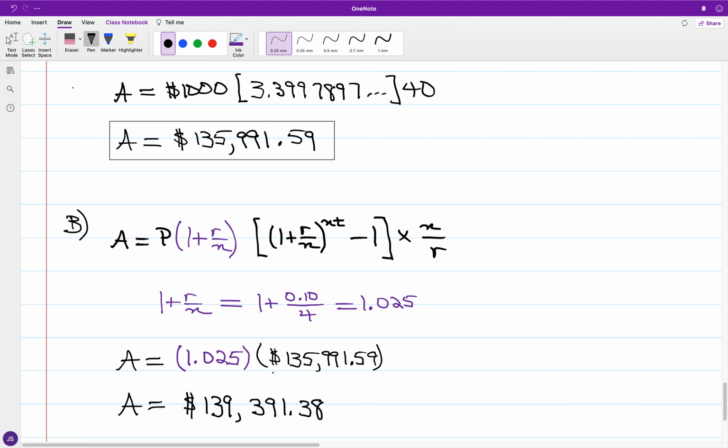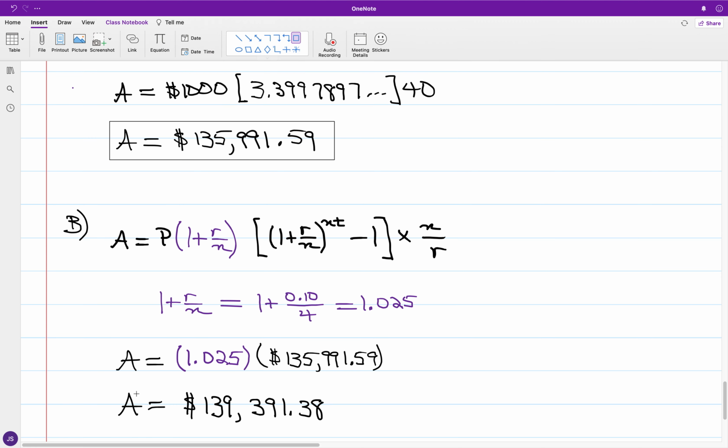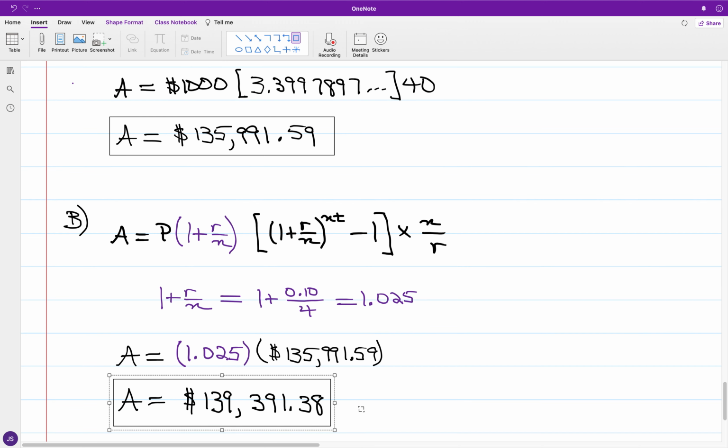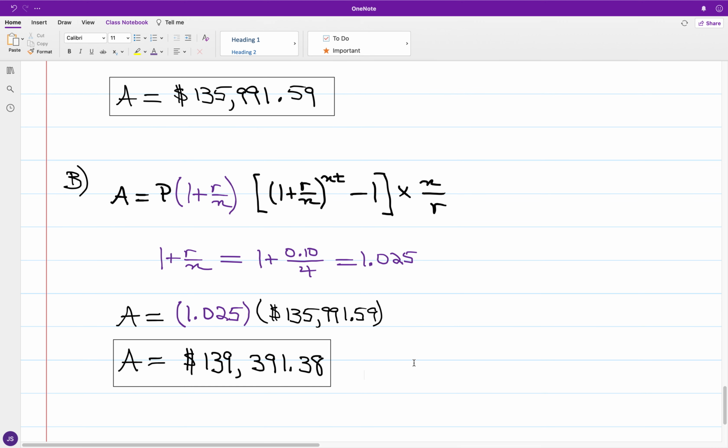So you're looking at a difference of almost $3,400 after 15 years. So you have $139,391.38 as the end result.